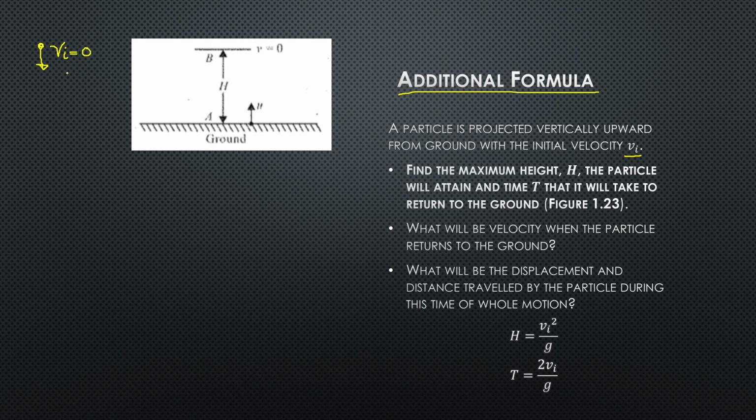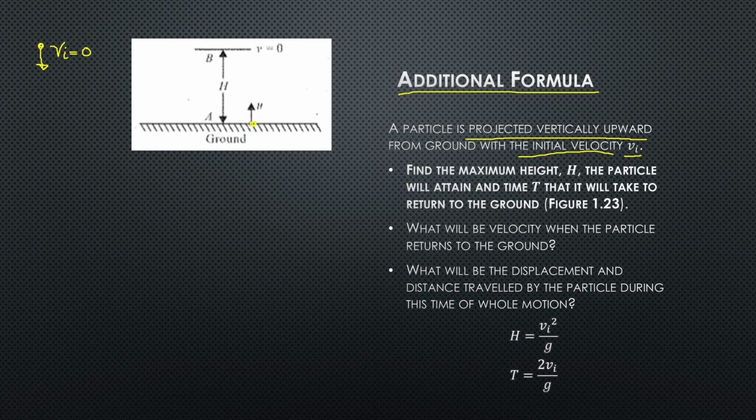No force is applied. But when we say a particle is projected vertically upward with initial velocity, there's a force applied to the object in order for the object to go or be projected upward.